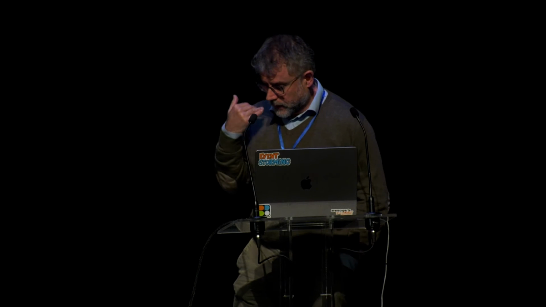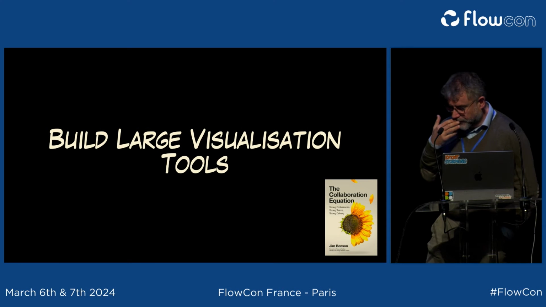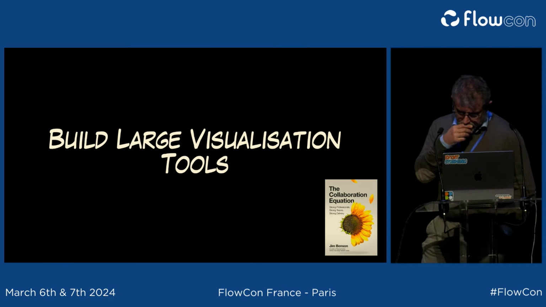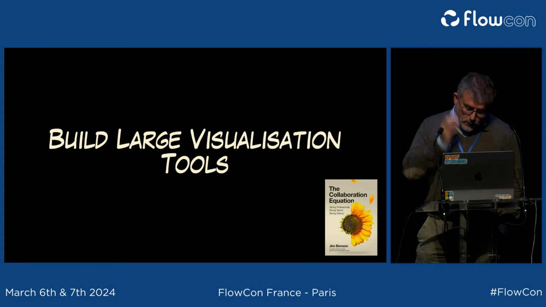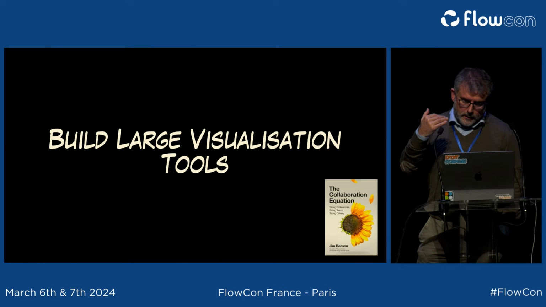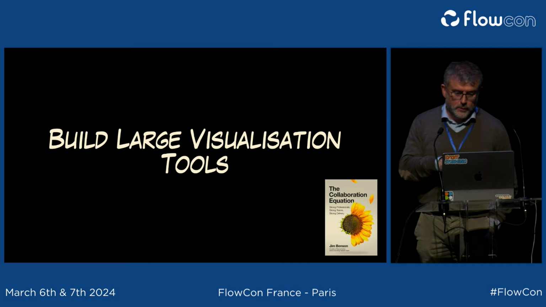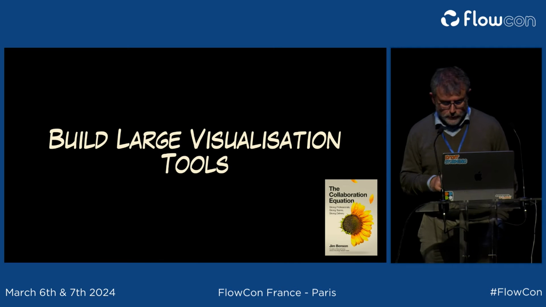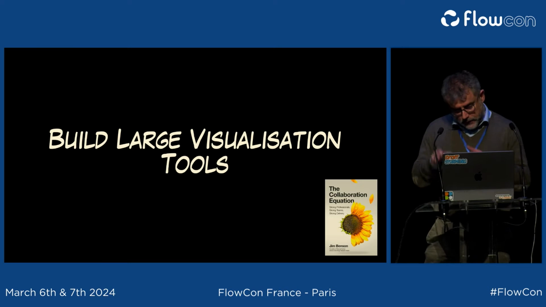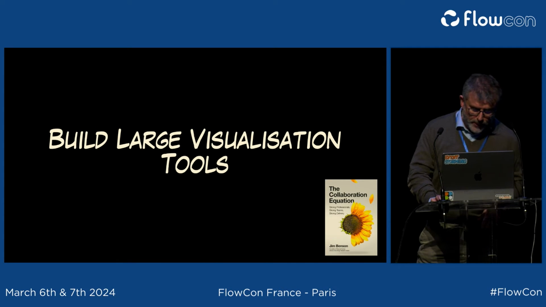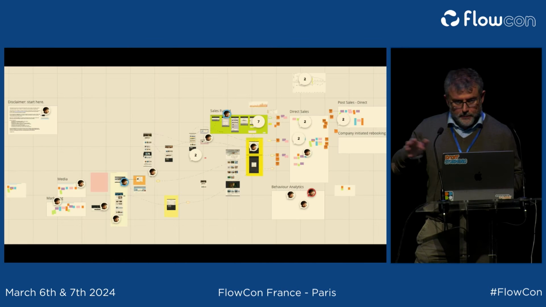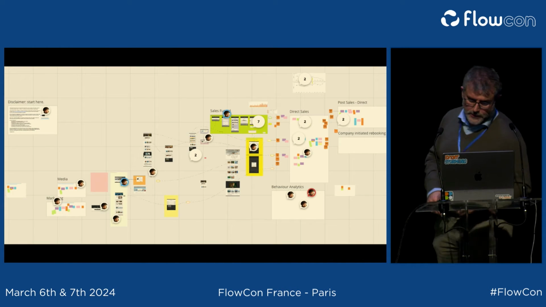Another tool that is part of my favorite background, but also comes from different sources, is that you need something to make a grounded collaboration about complex stuff possible. And large visualization tools are a really good tool for it. There's something really interesting about the idea of Obeya in the book The Collaboration Equation, but this is an example of something that we've done in one scenario.